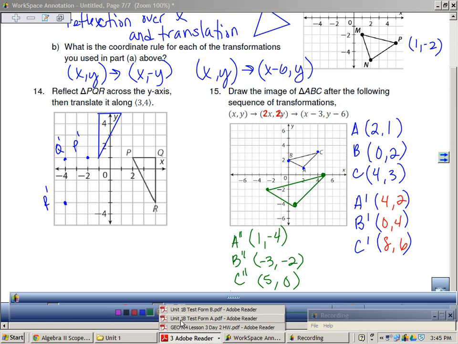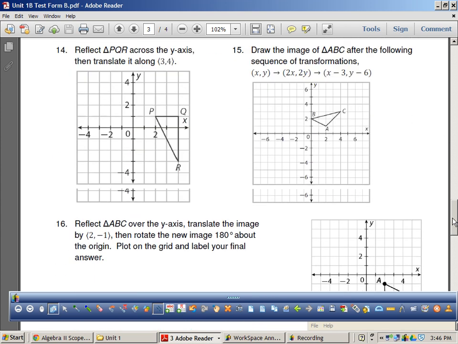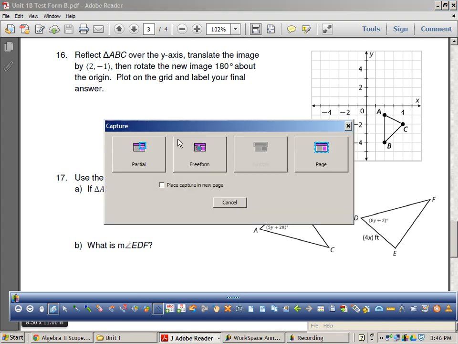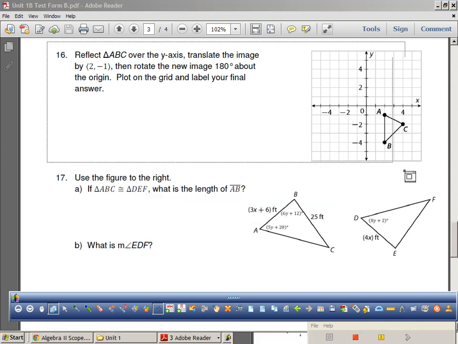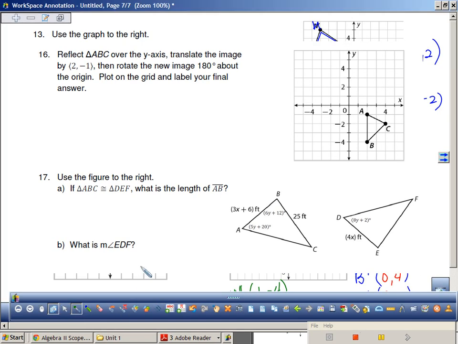Oh, on B. Which test do you have? B. B. Okay. You too, Devin? You have B? Okay, good. So we're going to do 16 and 17. Have a good weekend, guys. Uh-oh.